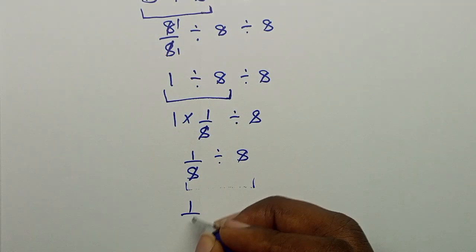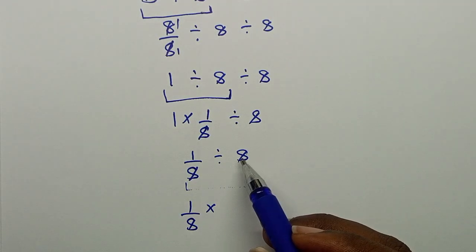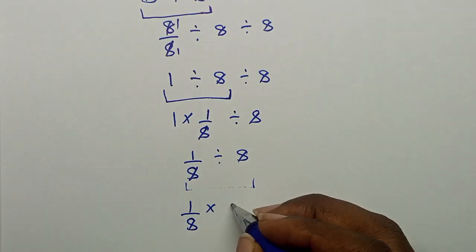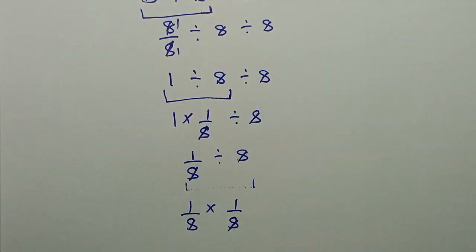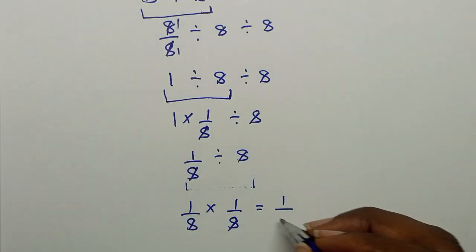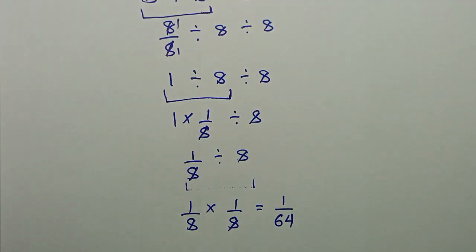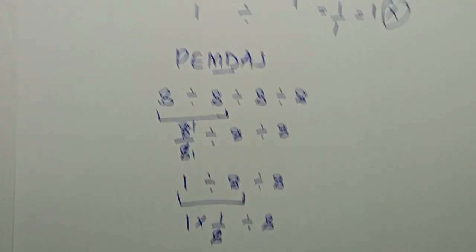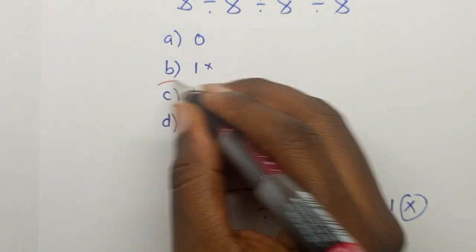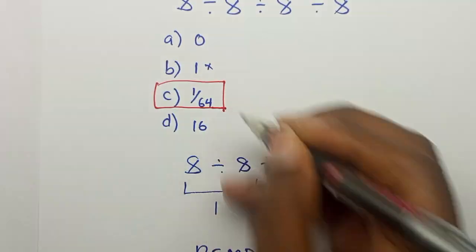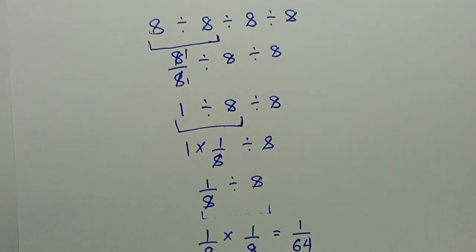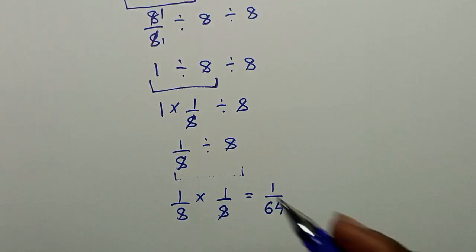So we have 1 over 8 times, when you change the sign, you multiply by the reciprocal, so times 1 over 8, which is 1 over 8 times 8, which is 64. So the right answer is 1 over 64. Therefore, C was the correct option. You always have to follow the order of operations. Otherwise, you'll get it wrong.